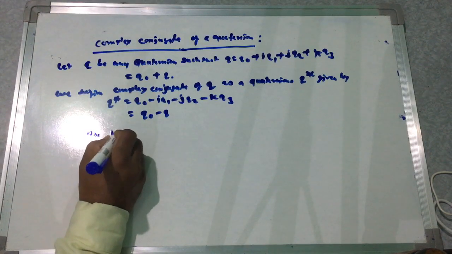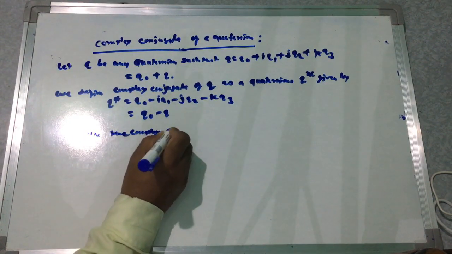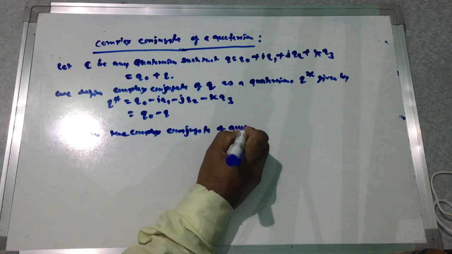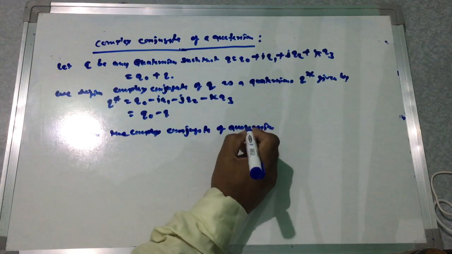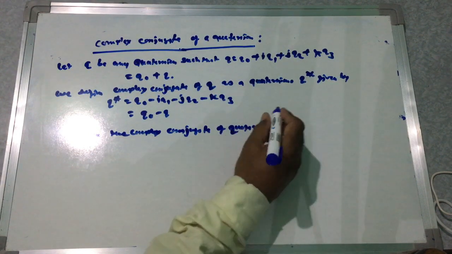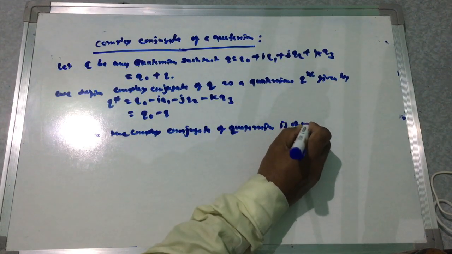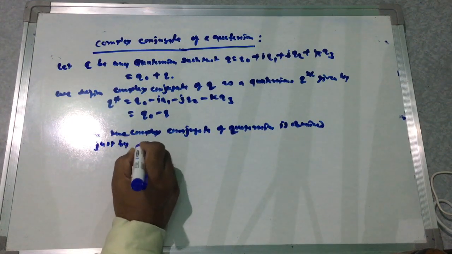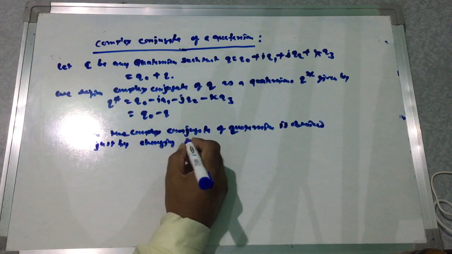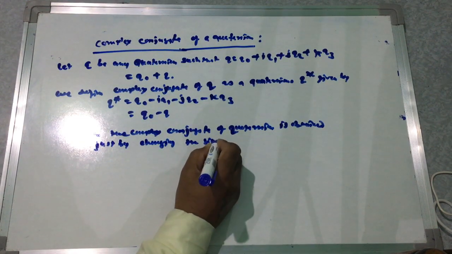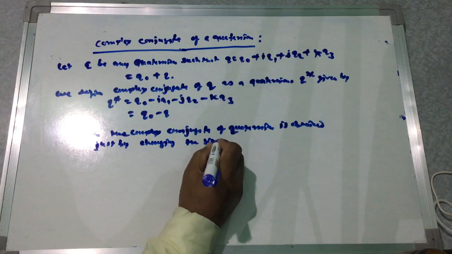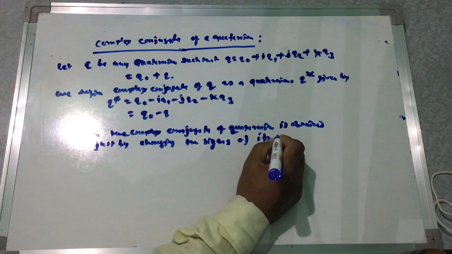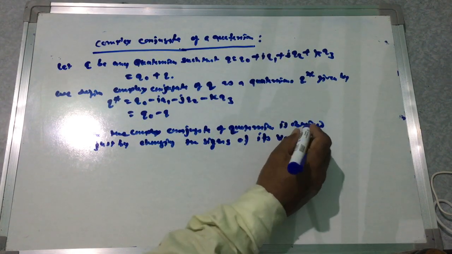Thus the complex conjugate of a quaternion is obtained just by changing the sign of its vector part.